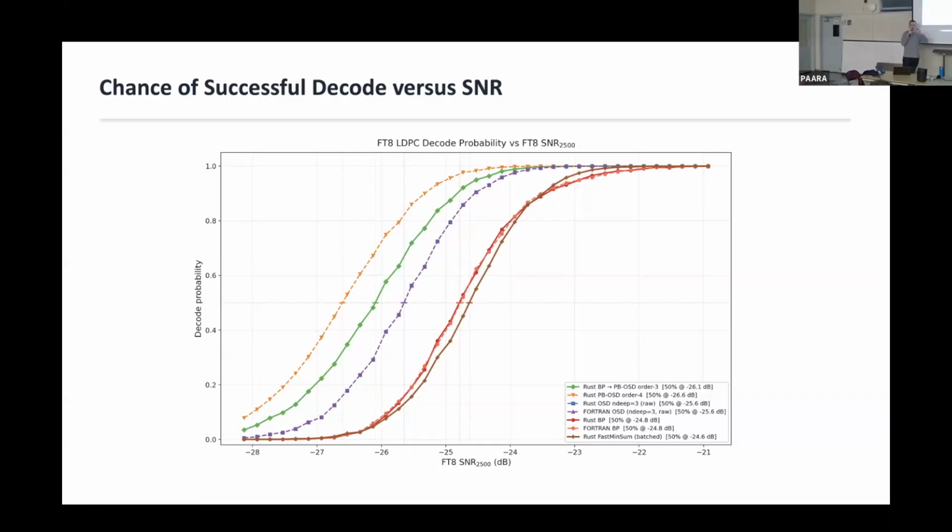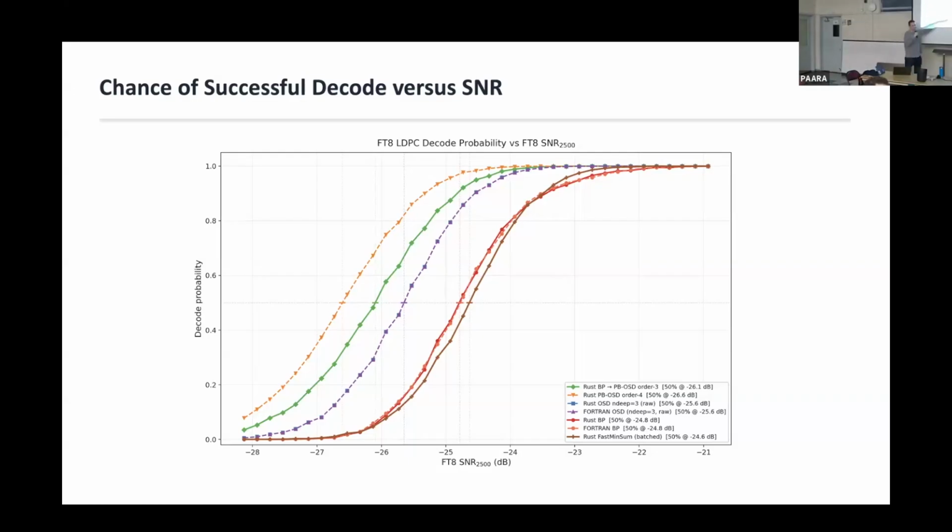If you add a little bit of noise, you know what the signal to noise is on this FT8 normalized scale. I can add progressively more noise, or really you just make the signal weaker and weaker. As the signal to noise ratio gets lower, on the y-axis we have the decode probability: given that noisy input, what's the chance that you decode it? It's 0 down here, 100% here, and here's the 50% mark.